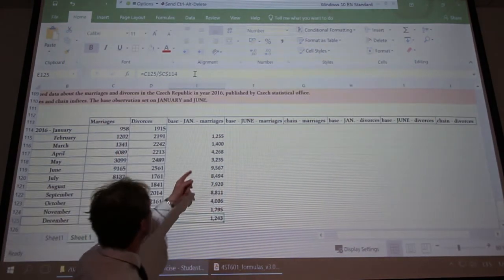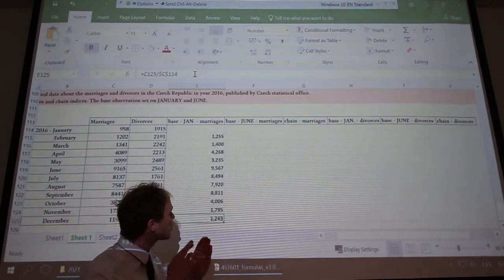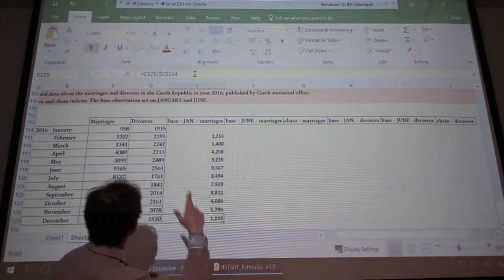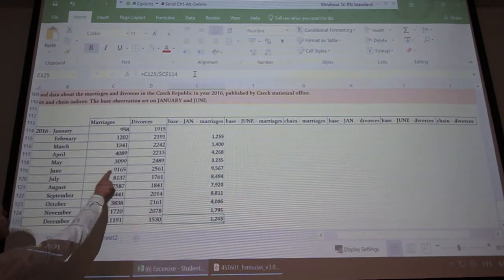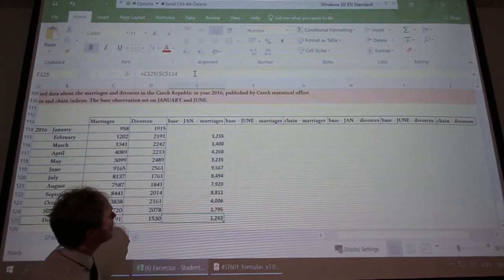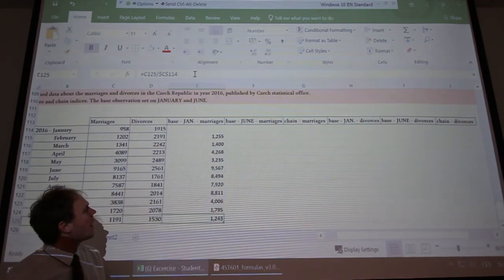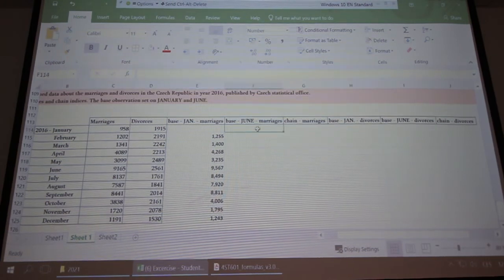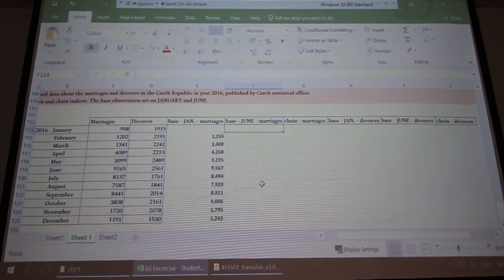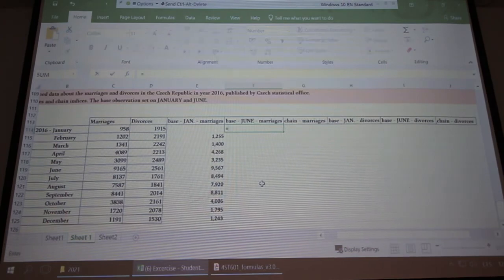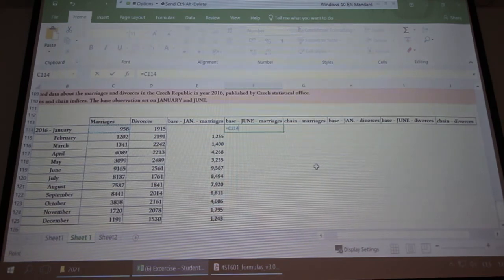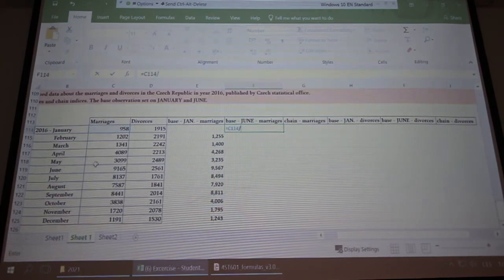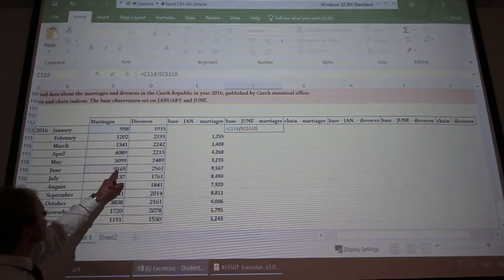So this is the reason why I wrote here that we'll also try to set the base, for example, on June. So June will be the base. Okay, so please, we can start to calculate here, because the ratio will be marriages in January divided by marriages in June, and again we will use function 4.